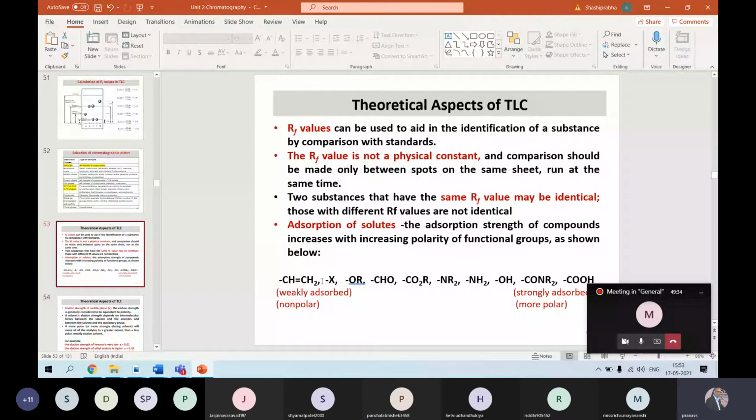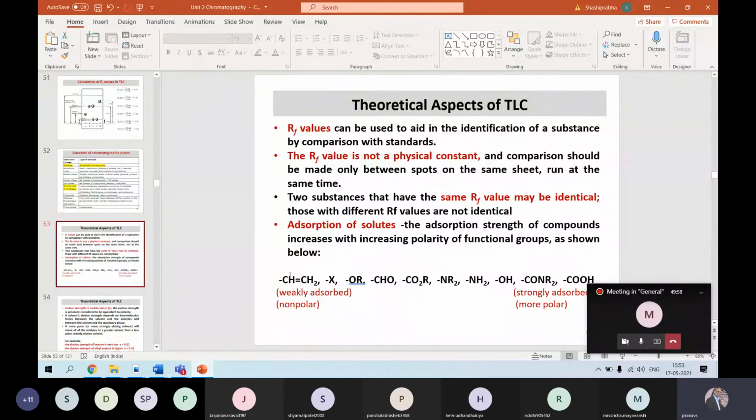One can understand that if your analyte doesn't move much on a TLC plate made of silica gel as the stationary phase, then possibly these are the functional groups present in your analyte.